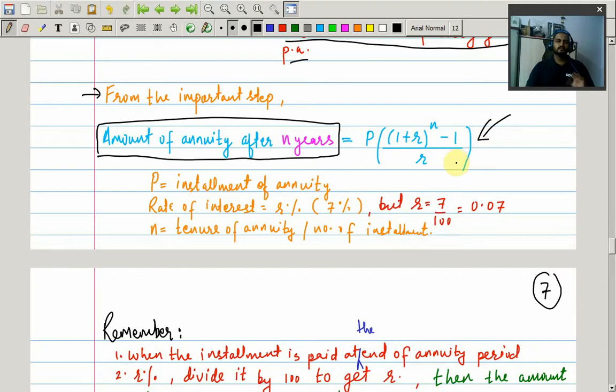Please remember this formula. P is the installment, the rate of interest is r percent. Here it was 7%, but what is r? r is the rate divided by 100. Do not write r as 7. This is wrong. Convert it by dividing by 100.